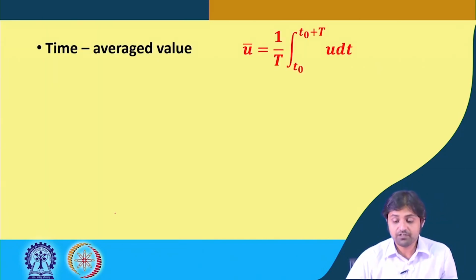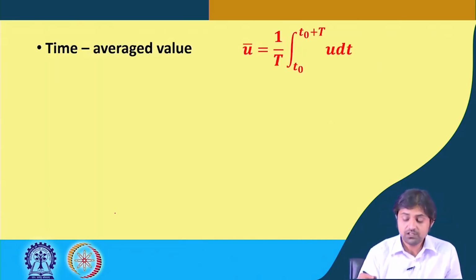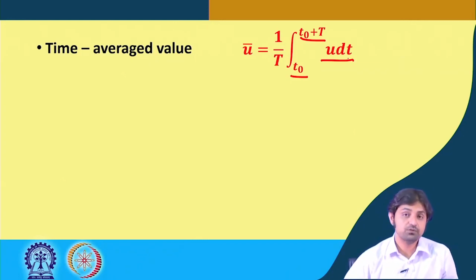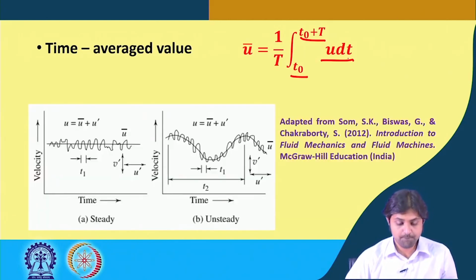What are the time averaged values? The time averaged value is obtained if we start from time t equal to 0 and integrate u dt from t naught to t naught plus t, and divide by the whole time. We have done this previously when we were deriving the laminar flow; we used time averaged values.